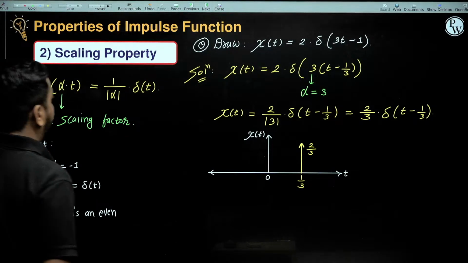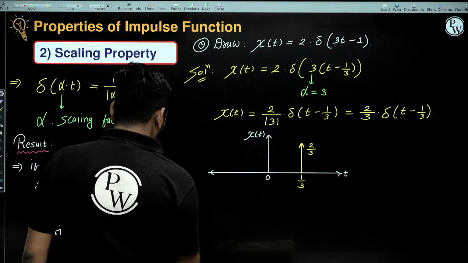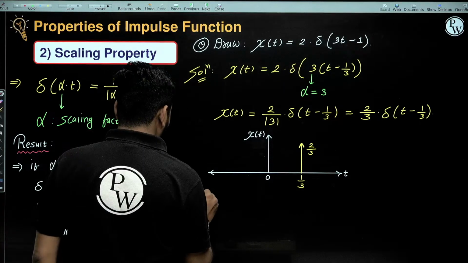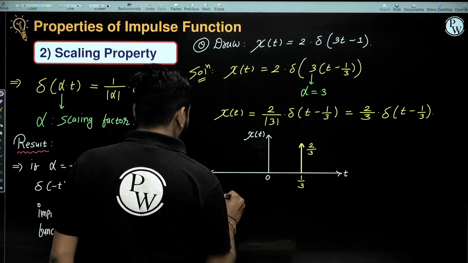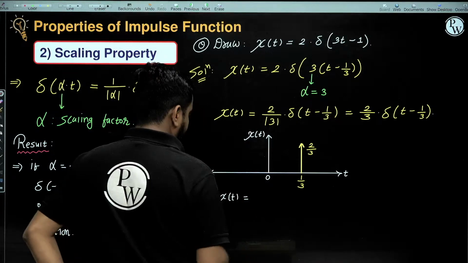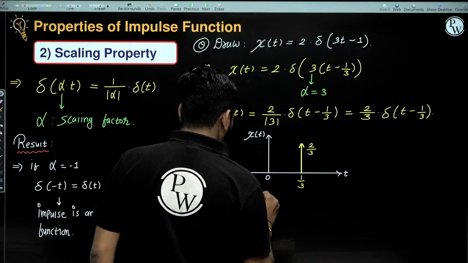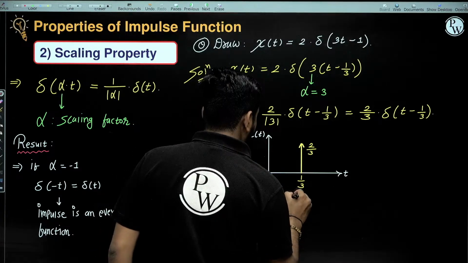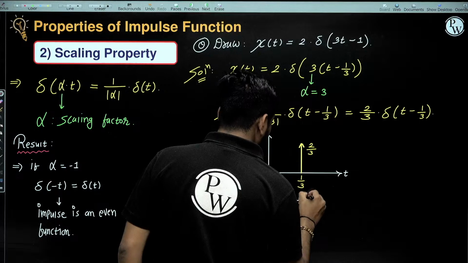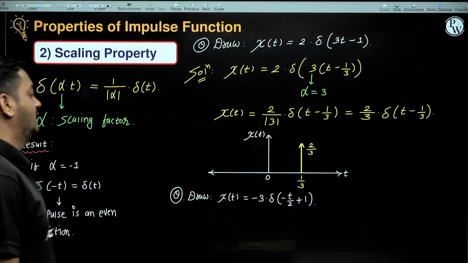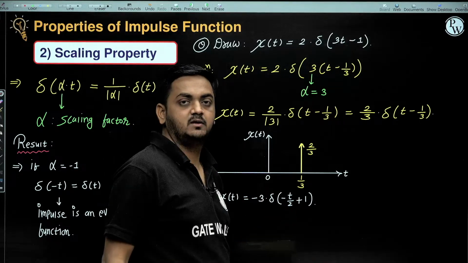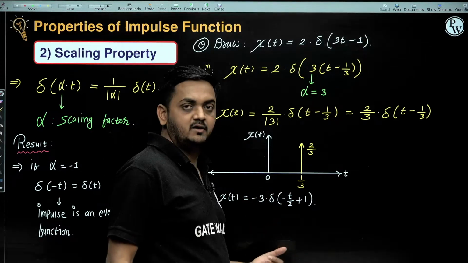Okay. Similarly, suppose I am asking to draw x(t) equal to minus 3δ(minus t by 2 plus 1), guys. Then tell me what is the area of this impulse function and the position where this impulse is located.